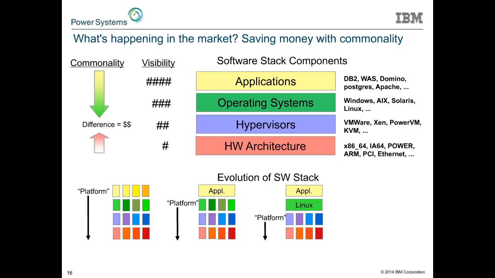I can write for Linux and make apps that are cross-platform, and it simplifies the support, the development, and the test of those applications, and now it's an application running on Linux. And what is platform then? Platform, it turns out, is really about hypervisors and hardware architectures.